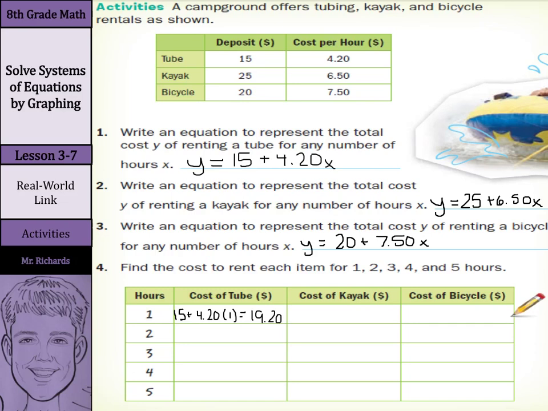We can continue down our table. We're going to have our $15 deposit plus $4.20 times 2, and $4.20 times 2 is $8.40, plus the $15 is $23.40.